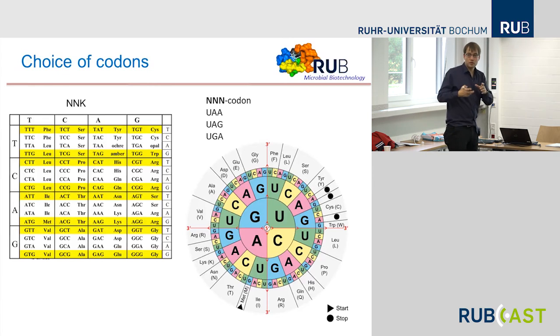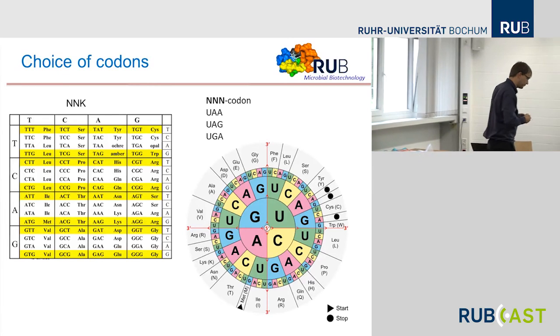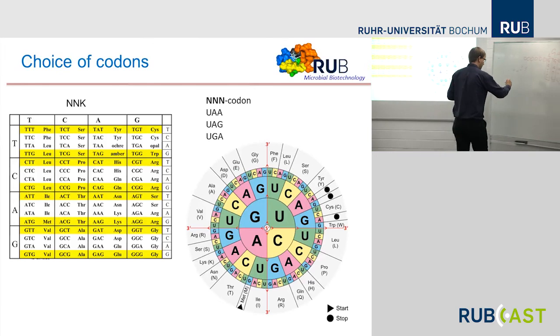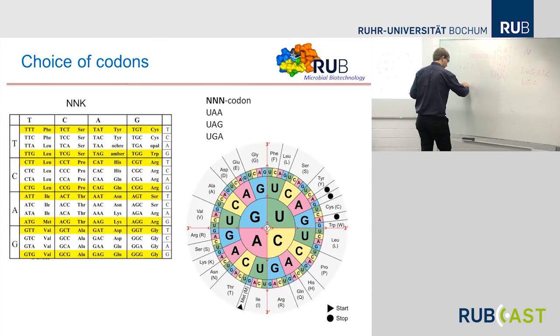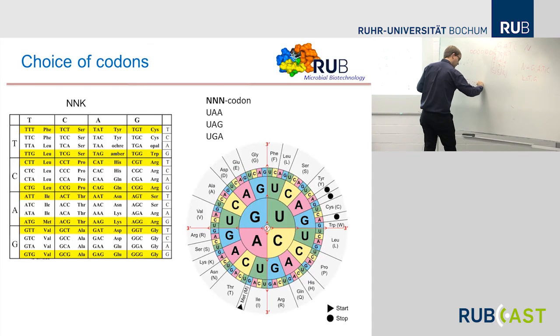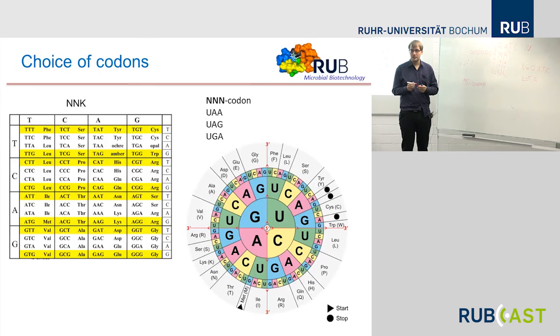The formula to calculate coverage is, this is a rule of thumb. 95% coverage means my library contains, with 95% statistical probability, all amino acids. Okay?